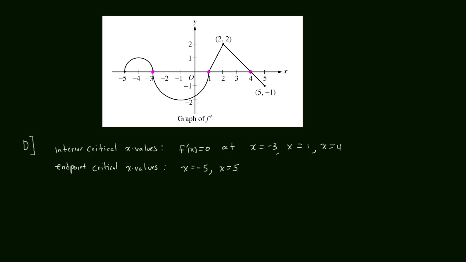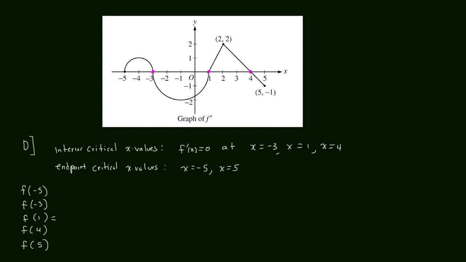The next step in the closed interval test is to compute the function f at all of these criticals. So we need f of -5, we're going to need f at -3, f at 1, f at 4, and finally f at 5. Now, a key element to this problem is that one of these is given. In fact, one of them has to be given, otherwise we can't find the others.